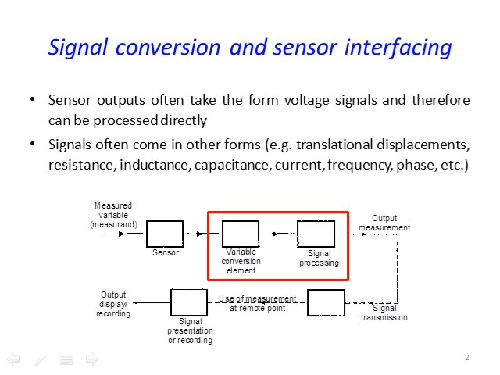Sensor outputs often take the form of voltage signals and therefore can be processed directly. Signals often come in other forms: translational displacements, resistance, inductance, capacitance, current, frequency, phase, etc. And therefore we need a variable conversion element to convert these into voltage signals that we can apply conventional signaling units to, to be able to interpret and to do calculations with our sensor outputs.